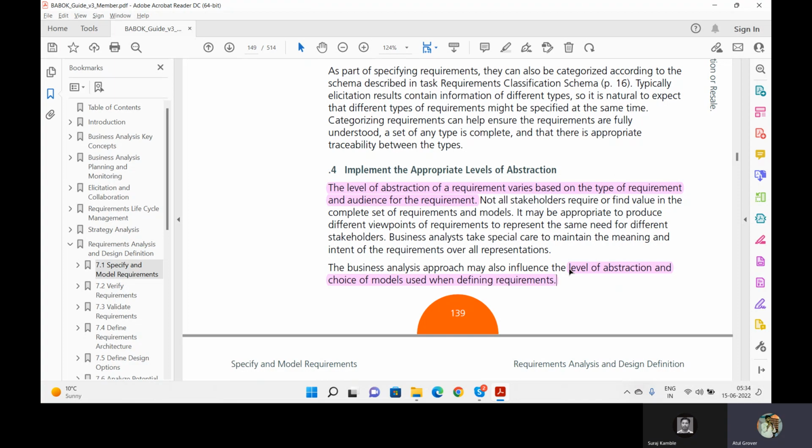And it is a very important point in the BA area. You should speak, but you should speak only that much which is required for the stakeholder to understand. बिना बात के ये मत दिखाना शुरू करो कि मुझे बहुत कुछ आता है. Correct. That is very much important. That is what they are saying, it is a level of abstraction you have to put. किसको कितना कहां कब कैसे शो करना है उतना ही होगा. ठीक है?